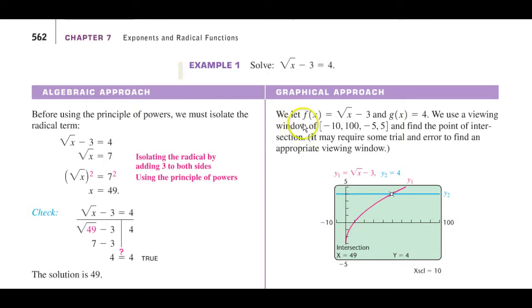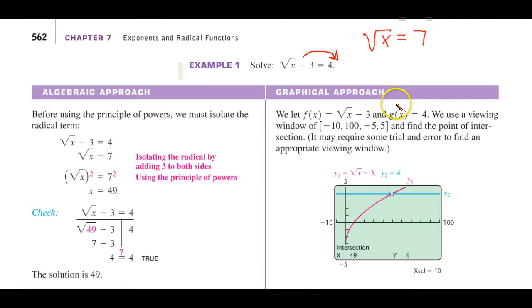Now, here in solving these, we're going to develop a technique. The technique is to get all of the terms over to one side and keep the radical. We are going to isolate the radical. So this then becomes the square root of x equals 7.